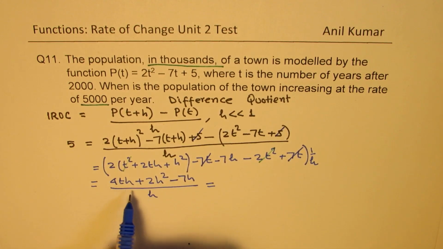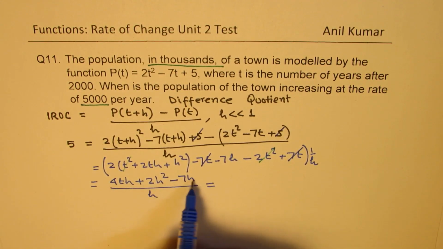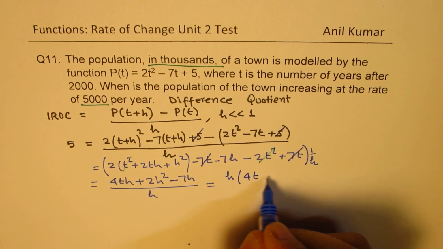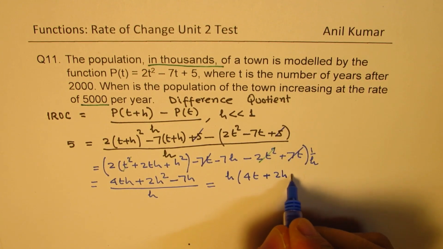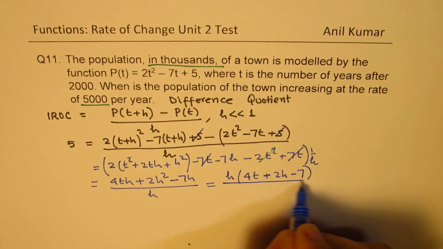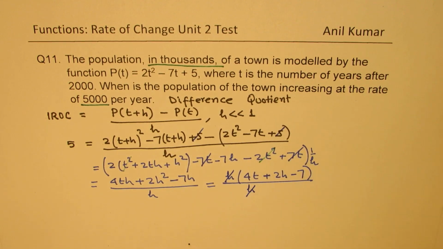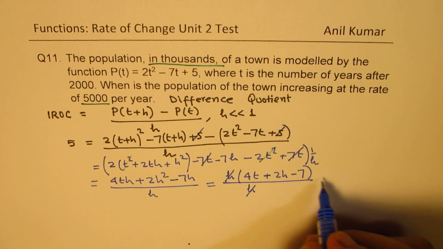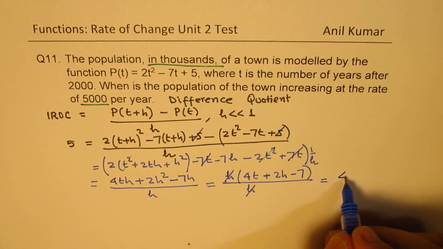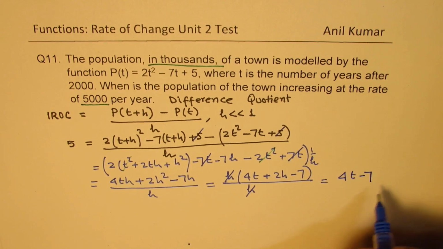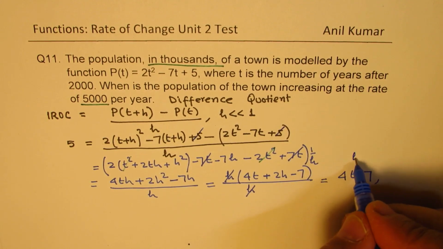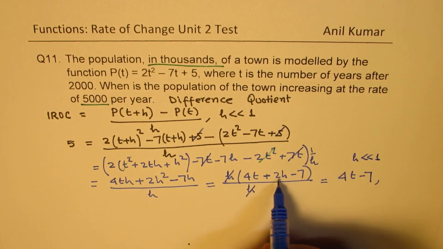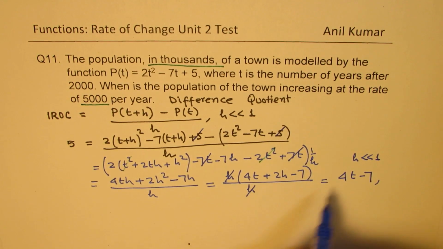Now h is common in all these terms, so we can write h common. So we get h times 4t plus 2h minus 7 over h. Now this h cancels. We also know that h is very small, approaching 0 compared to 1, so this portion will be 0 and we can write this as 4t minus 7.